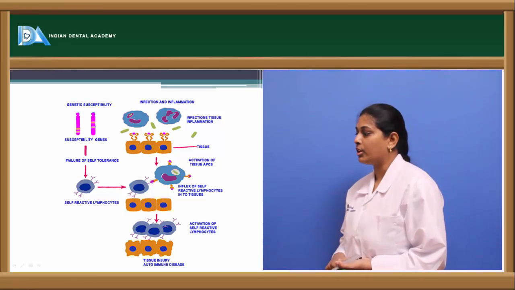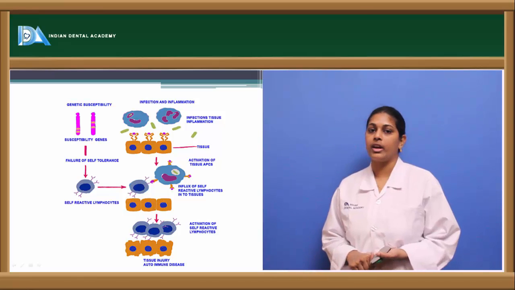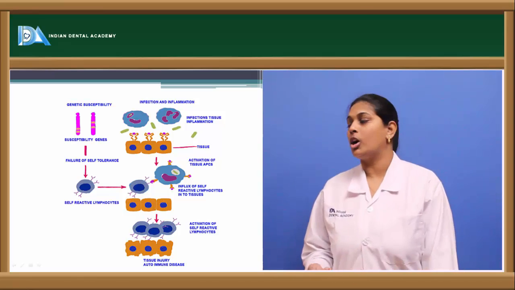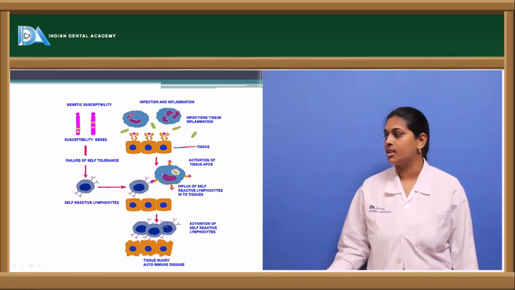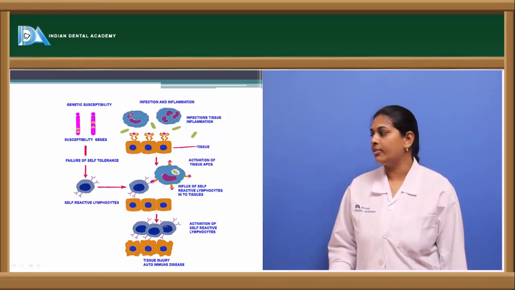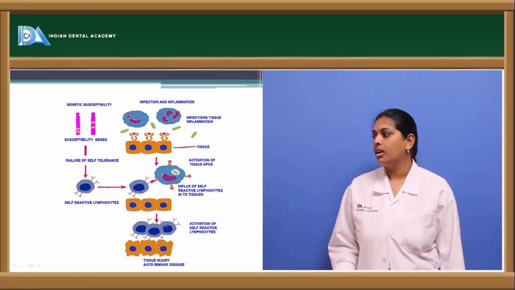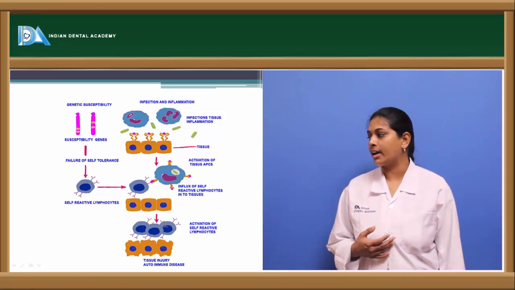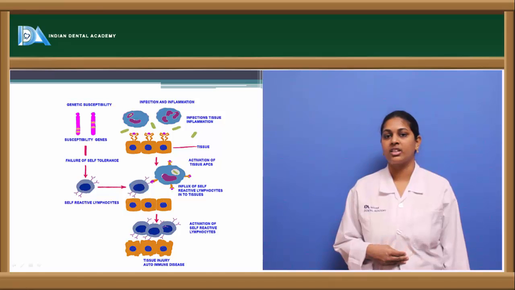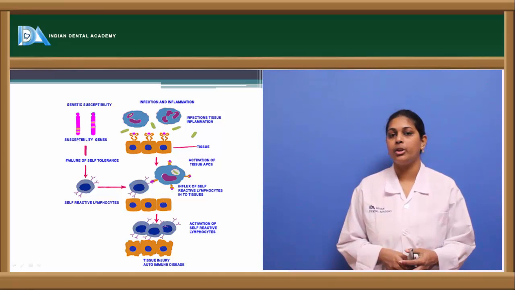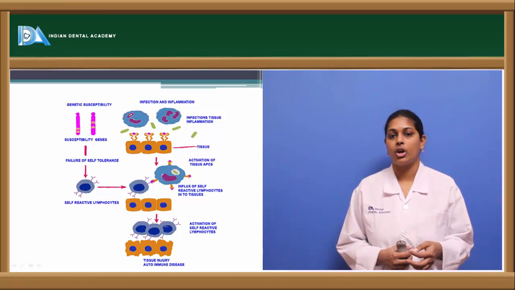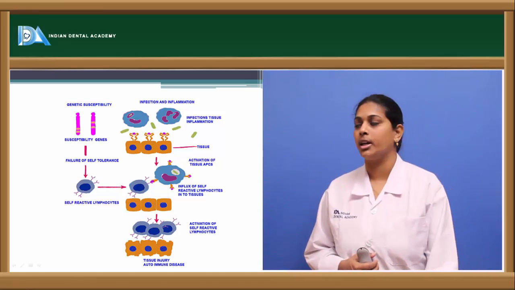We see that there's a failure of self-tolerance, that is, a failure of the recognition of self-antigens and non-self antigens, by which these become self-reactive lymphocytes. Once they form, there is activation of the self-reactive lymphocytes, which are toxic to the human system, and they form the basis for the autoimmune disease by formation of autoantibodies.